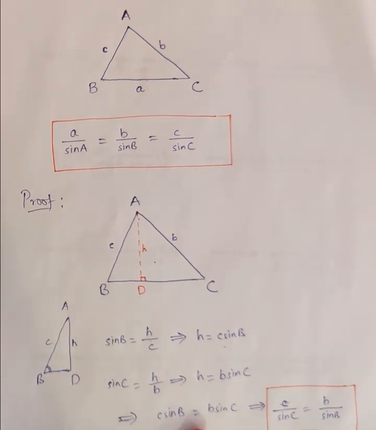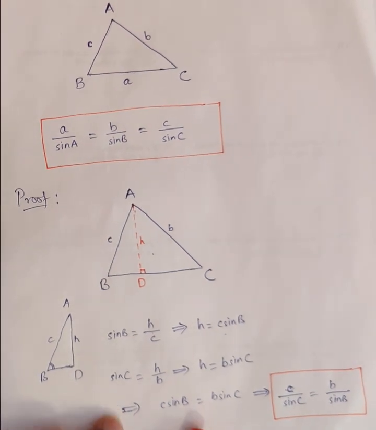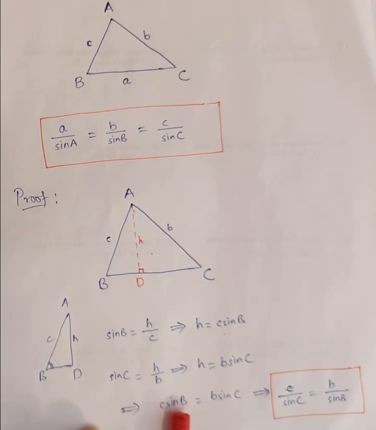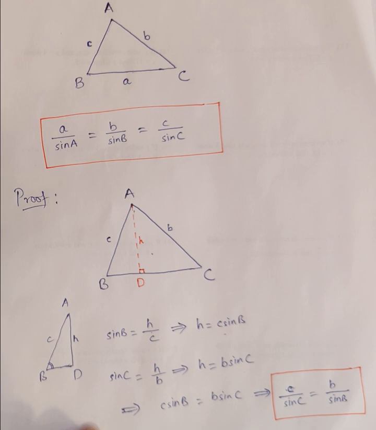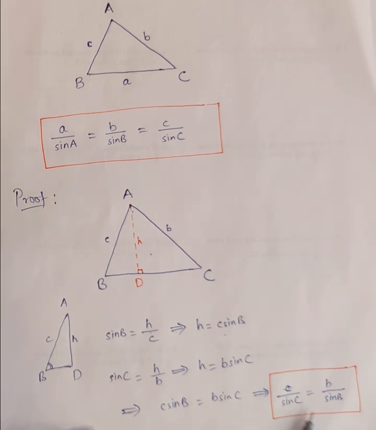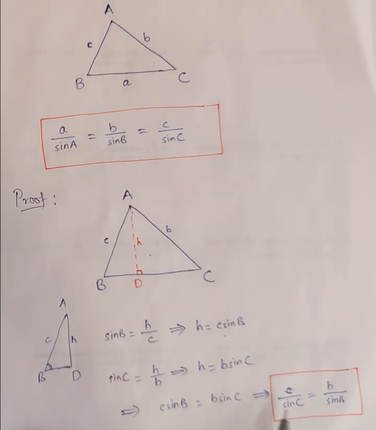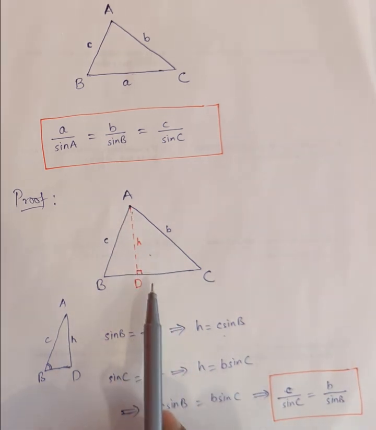So I could do it in two steps if that's what you prefer. You could divide both sides by sine C first and then divide both sides by sine B. Or you could say dividing both sides by sine B sine C, you get this. So we got c over sine C equals b over sine B because we dropped a perpendicular from A.